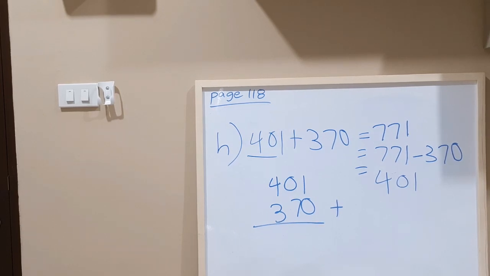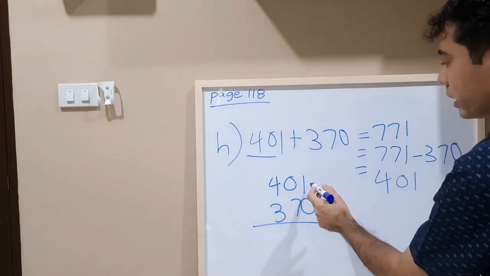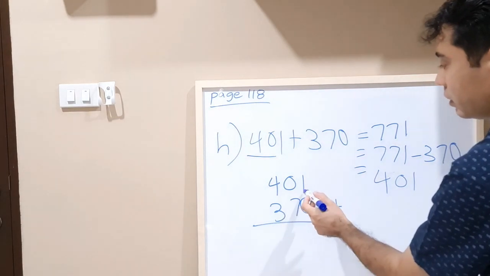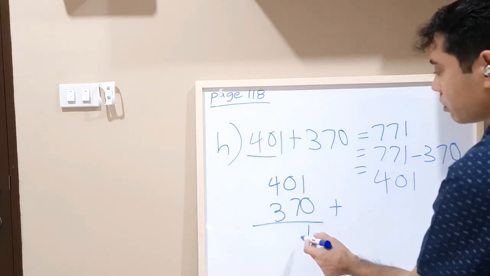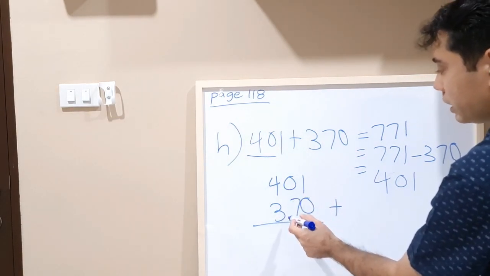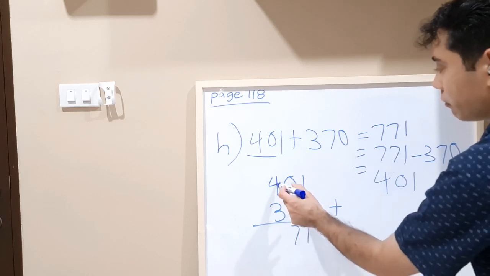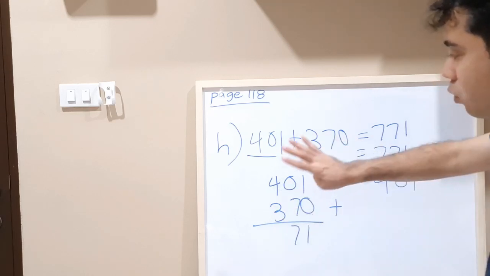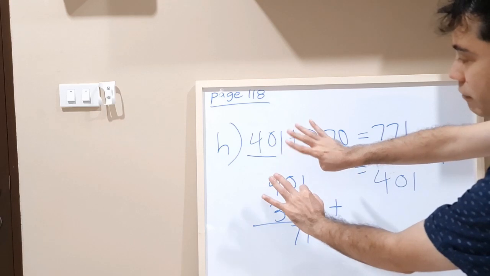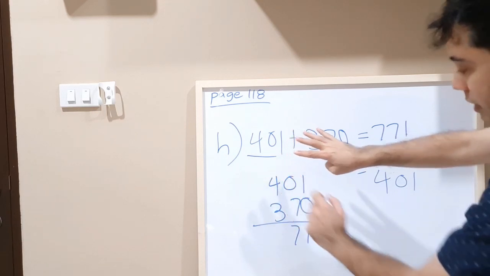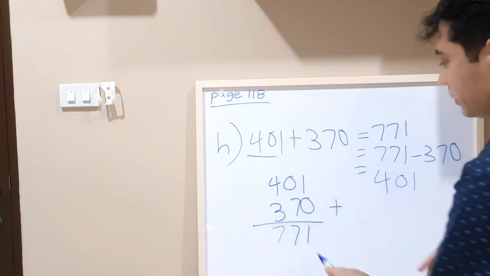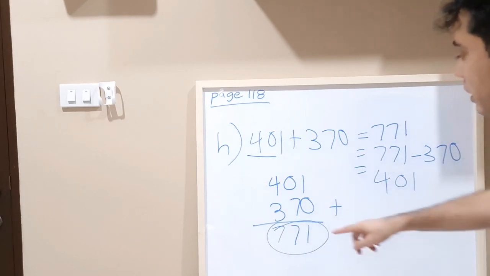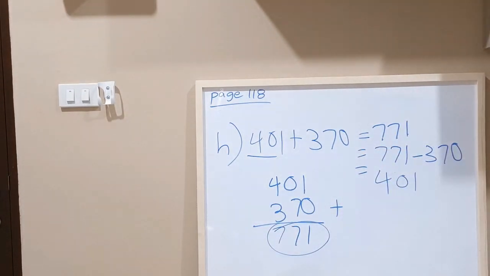Okay, let us add. 401 plus 370, 1 plus 0, 1. 0 plus 7, 7. 4 plus 3, 4, 5, 6, 7. And this is the answer, 771. So it's correct. So we finished the first part.